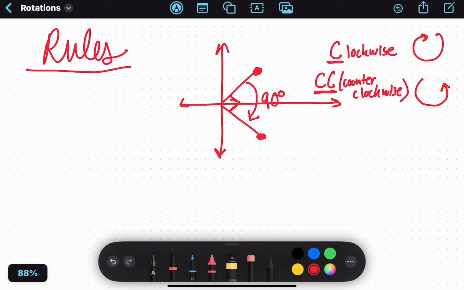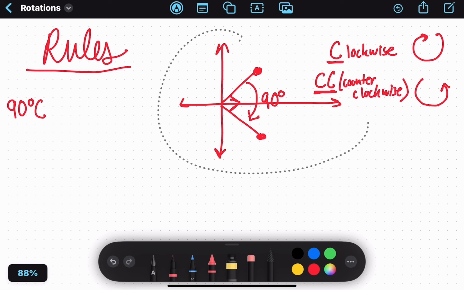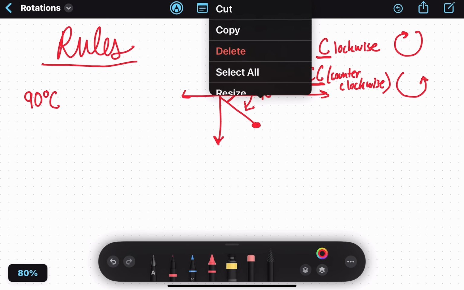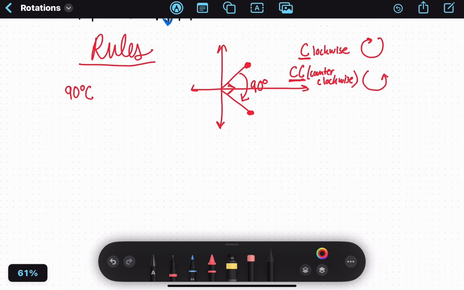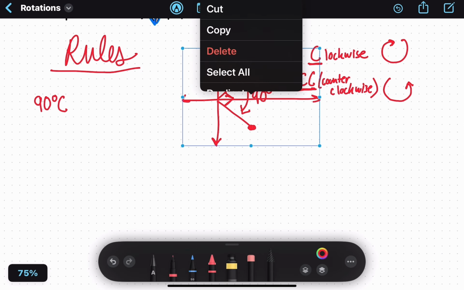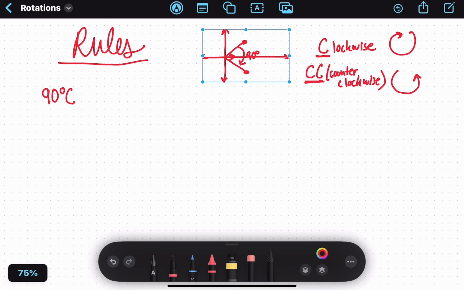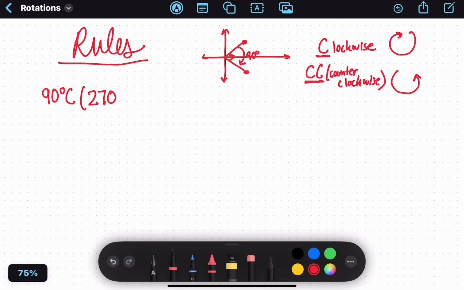Okay? Now, when we want to rotate something 90 degrees clockwise, that's technically the same as rotating it 270 degrees counterclockwise. Why is that?